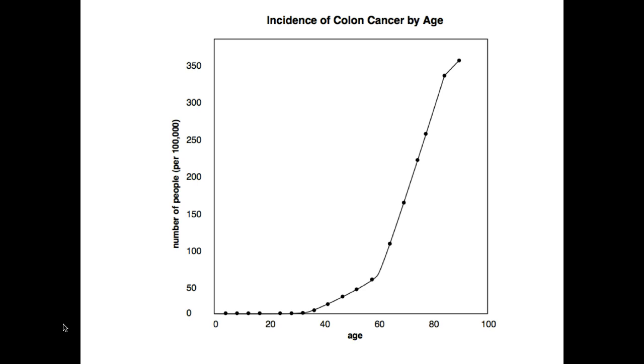The last question on the page asks you, how can we explain this change in the risk of a person developing colon cancer? Go ahead and turn to your neighbor and make some educated guesses as to the explanation for the change in the risk.